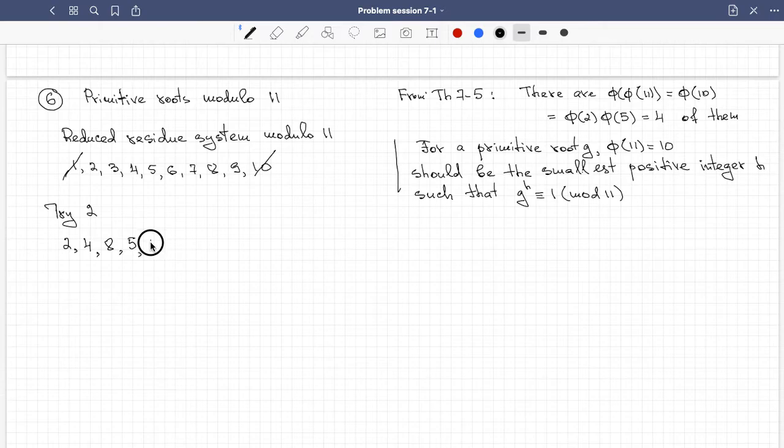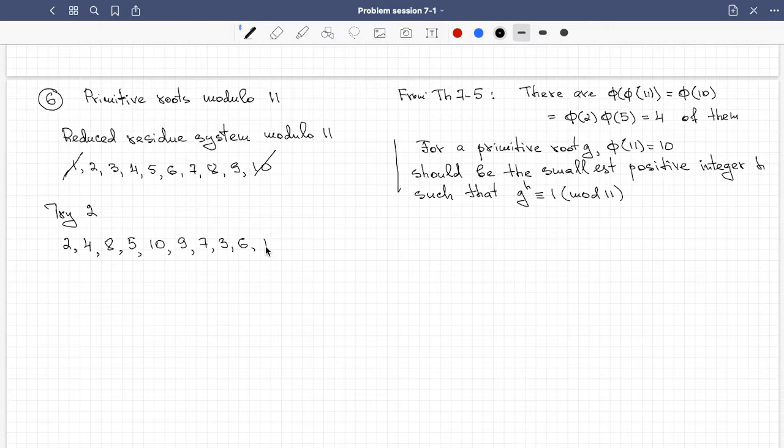Times 2, 10, times 2, 20 modulo 11, 9, times 2, 18 modulo 11, 7, times 2, 14 modulo 11, 3, times 2, 6, times 2, 12 modulo 11, 1.